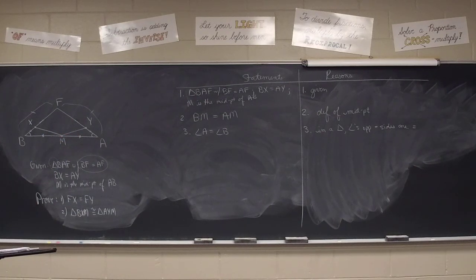I think that's it for the given. Coming back to what we're trying to prove here. Since I got ahead of myself a minute ago, rewind. Okay, how do I get FX and FY equal? I know that the whole line BF equals the whole line AF. I just want a part of it, XF, equal to another part, YF.